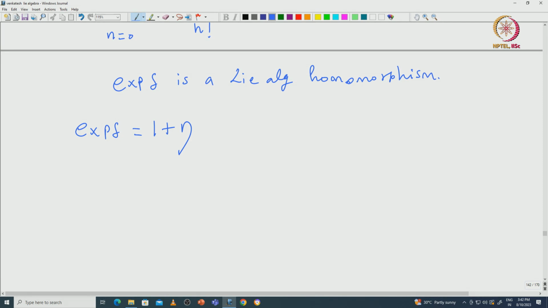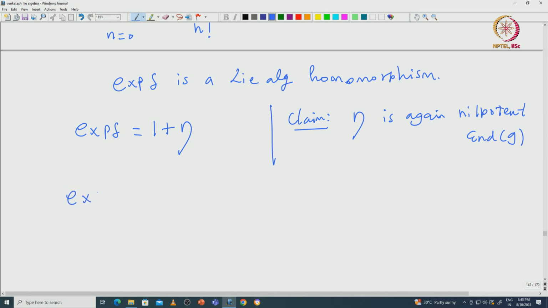But let us postpone this. So, here is the claim, this eta is again nilpotent, because it is again nilpotent inside that endomorphism of G. Then I can simply write down the formula for the inverse of exponential delta.